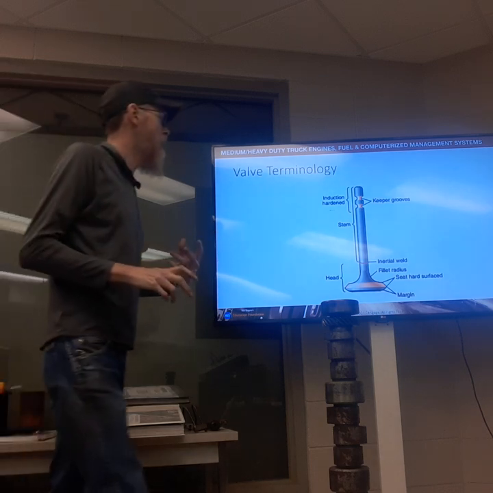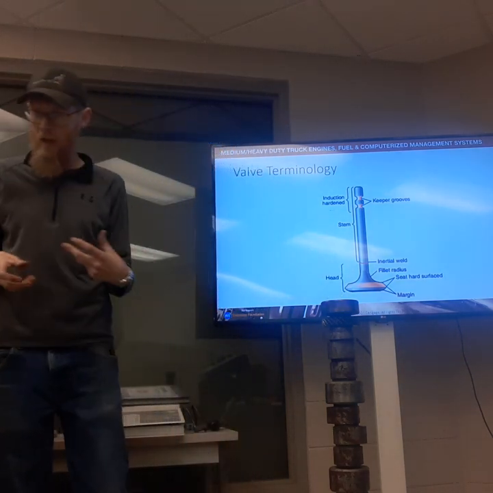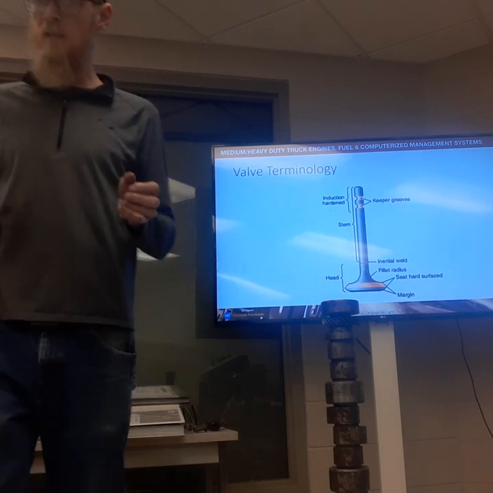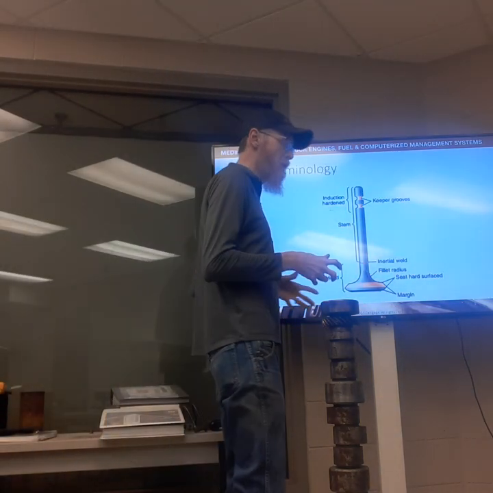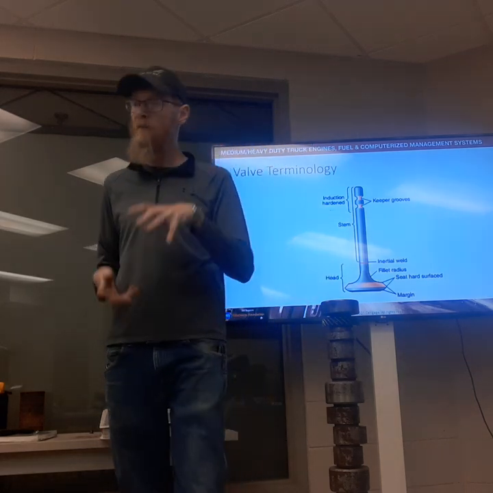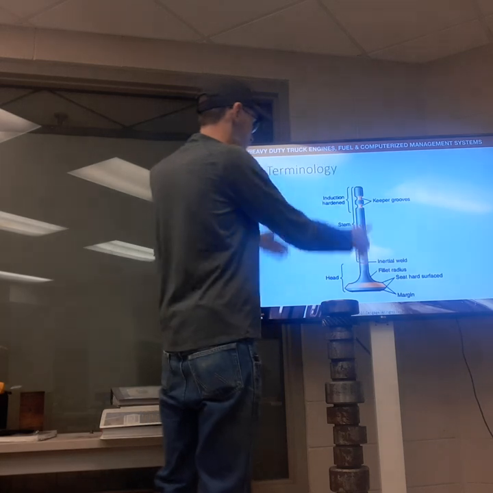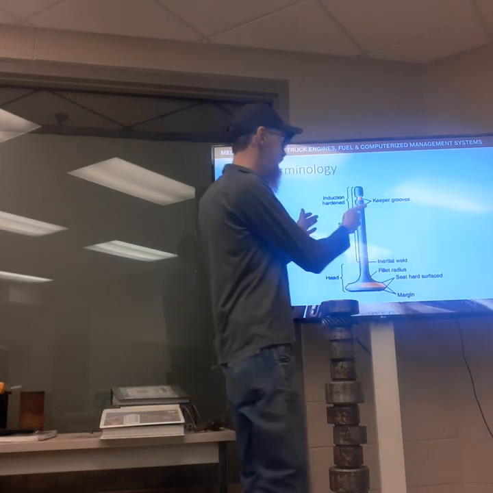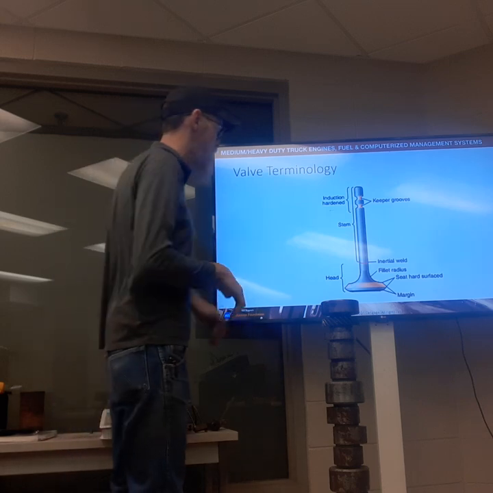Next slide I want to look at is showing us the valve itself removed from the cylinder head without the valve spring or any of the other hardware that locates that valve within the cylinder head. And you can see here the basic geometry of an intake or an exhaust valve.